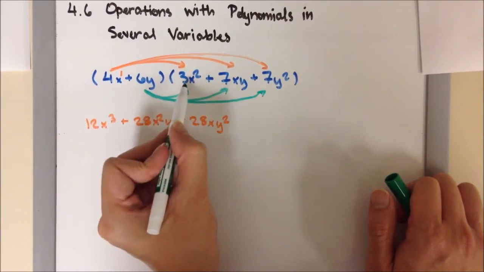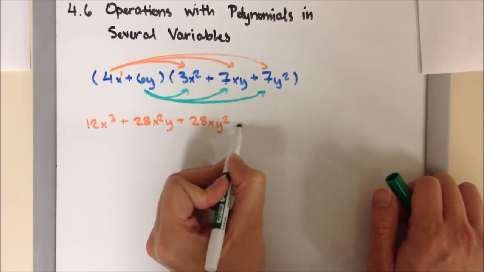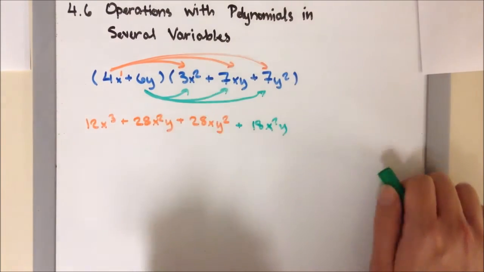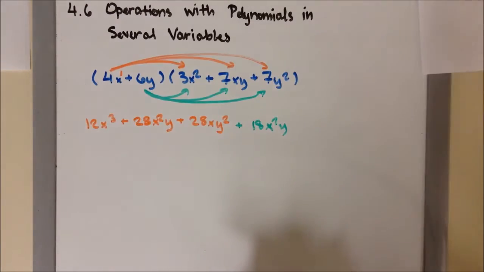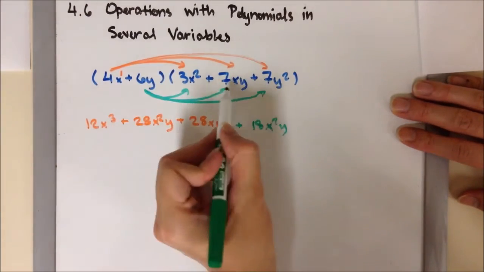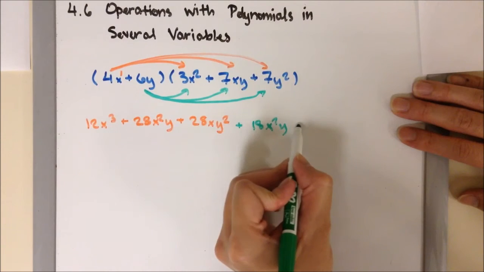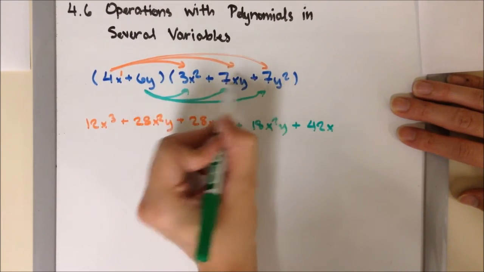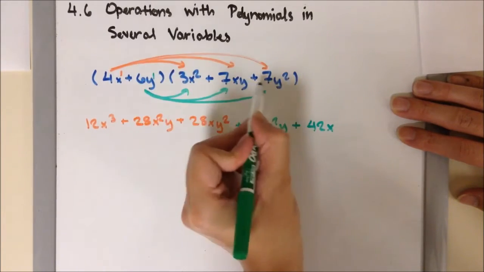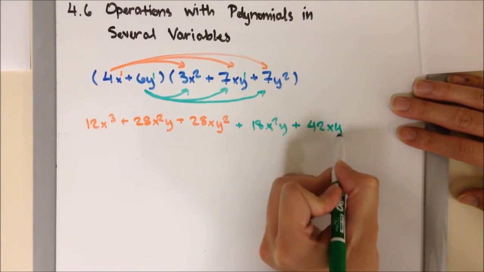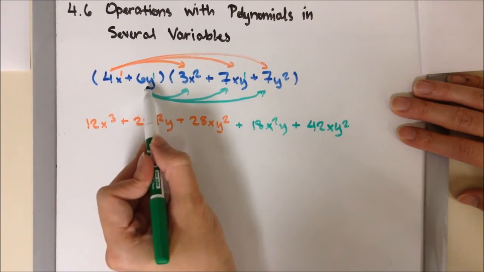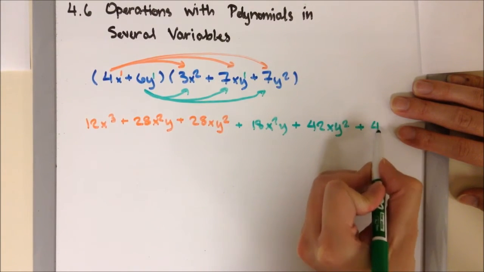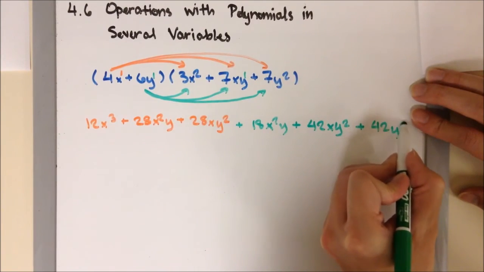So 6y times 3x squared, it will be plus 18x squared y. So I'll put it in alphabetical order. And then 6y times 7xy will be plus 42xy squared, and remember when I'm multiplying the y's together, I'm going to add the exponents. So this will be y squared. 6y times 7y squared will be plus 42y to the third.